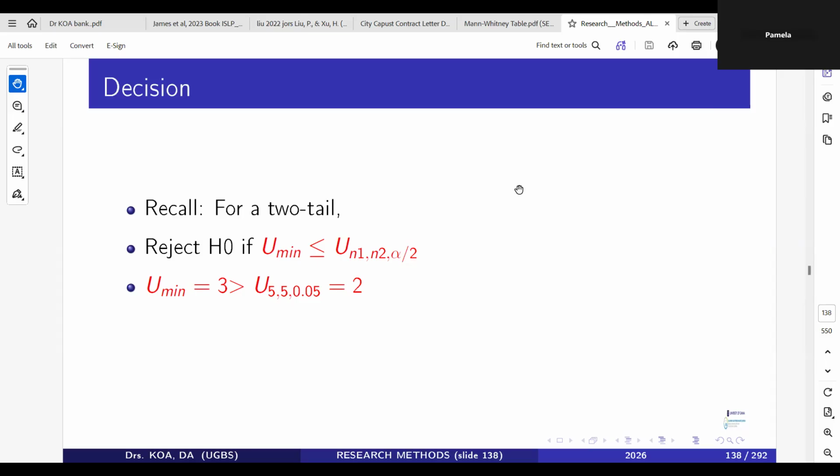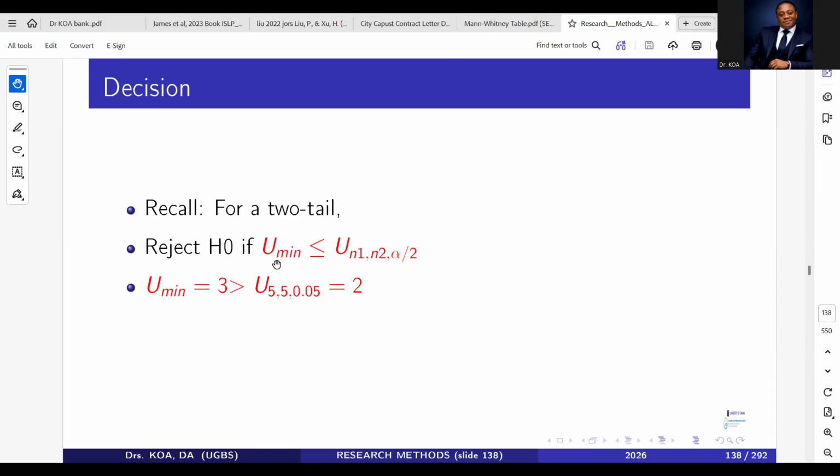Okay. The rule is that whenever the test statistic is less than the critical value, we reject the null hypothesis. Whenever the test statistic is less or equal to the critical value, we reject the null hypothesis.